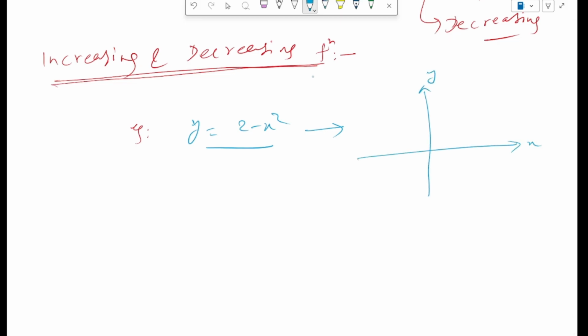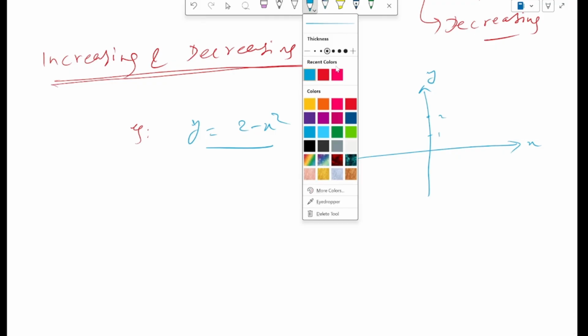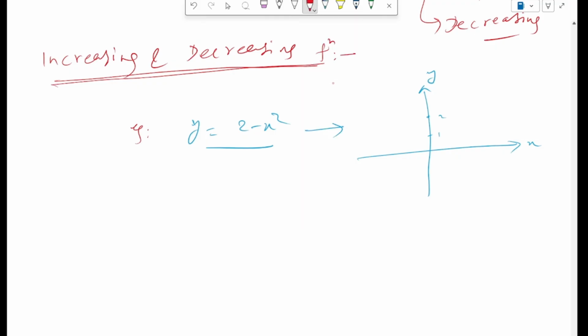This is x and this is y, and this is an inverted parabola since it is negative x square, and when x is 0, y equals 2. So it will start from here. Let's say this is 1 and this is 2. It will start from here and the parabola will be inverted like this, exactly symmetric.